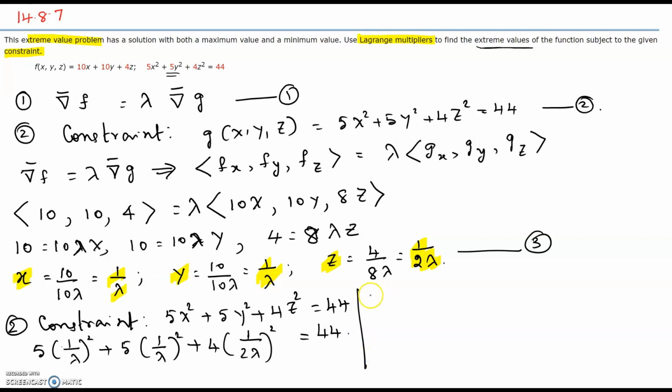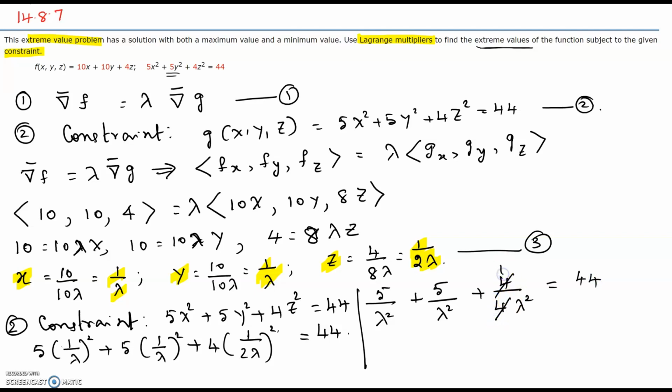So this would give 5 over lambda square plus 5 over lambda square plus 4 over 2 lambda the whole square, that will give us 1 over lambda square, equal to 44.